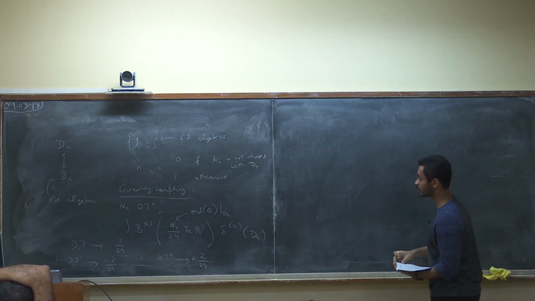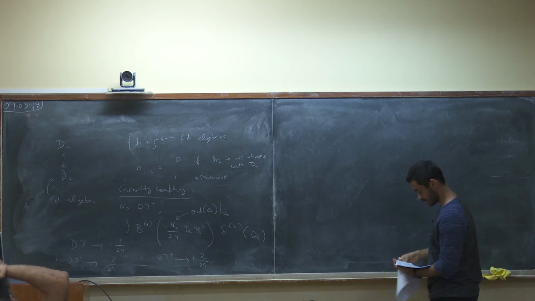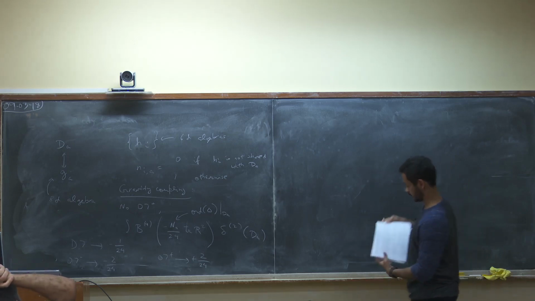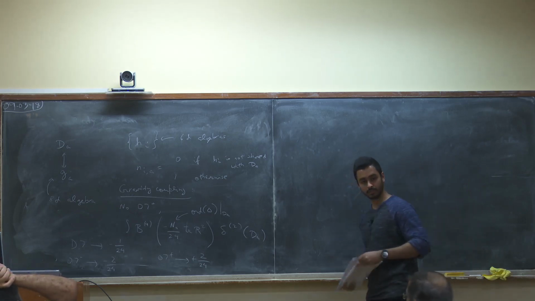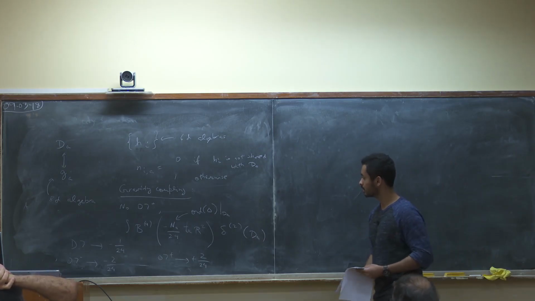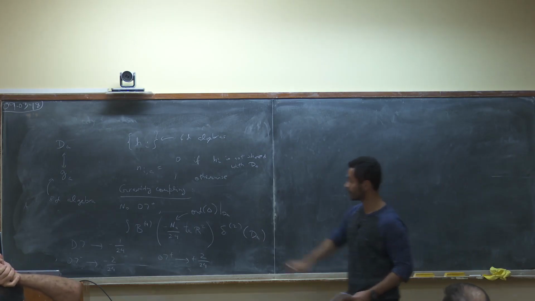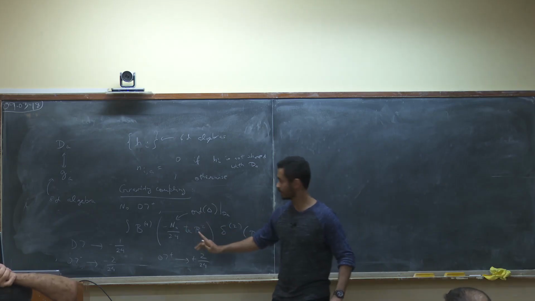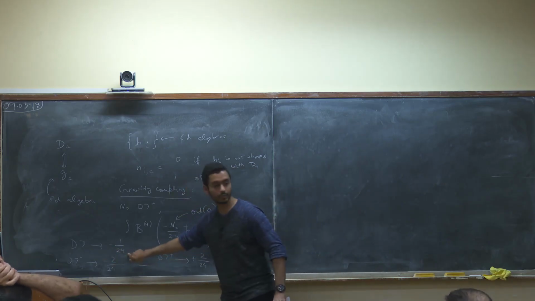Right. So let's calculate. Question: Why is the number of D7s equal to 1? No, I'm saying if you have a single D7 brane, that contributes -1/24.